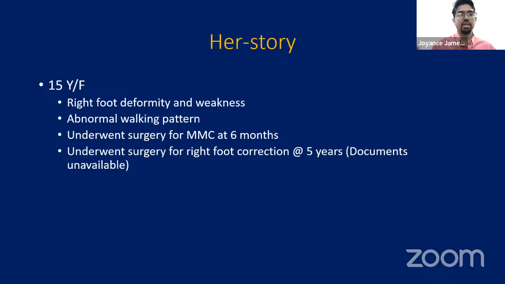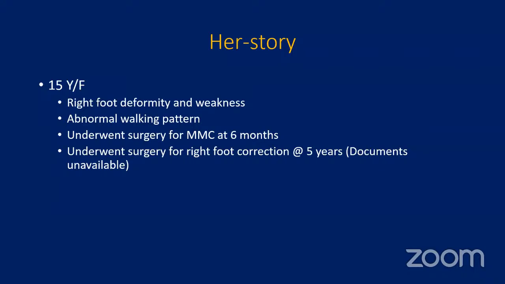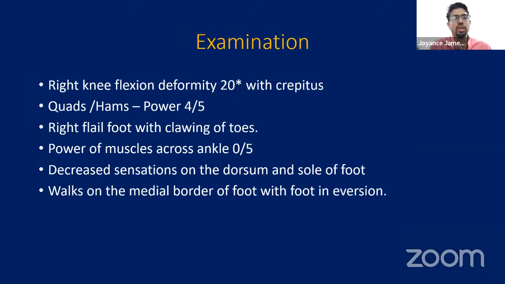Good morning, sirs. Presenting a 15-year-old girl who presented with a right foot deformity, weakness and abnormal walking pattern. She underwent surgery for myelomeningocele at the age of 6 months, followed by a foot correction surgery at 5 years. Both these surgeries, the documents were unavailable when she presented to us. On examination, she had a right knee varus and a flexion deformity of 20 degrees, and there was some crepitus on knee movement.